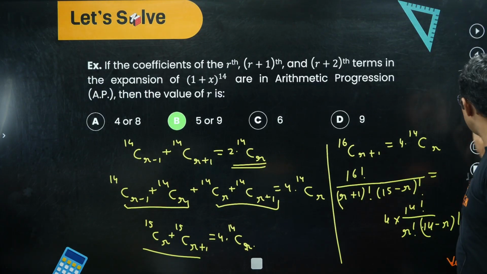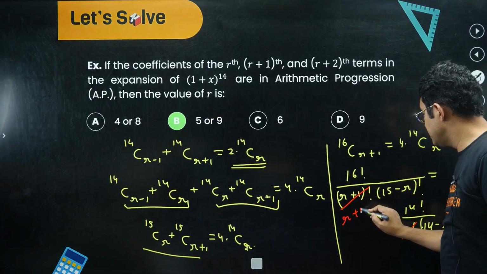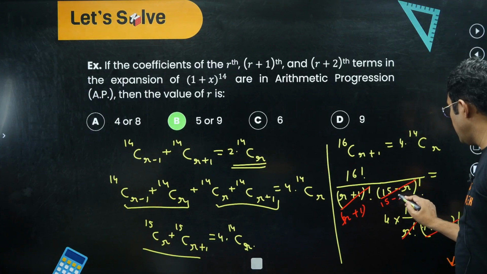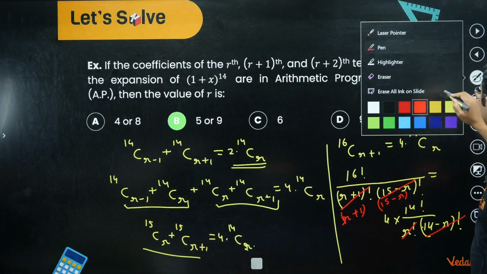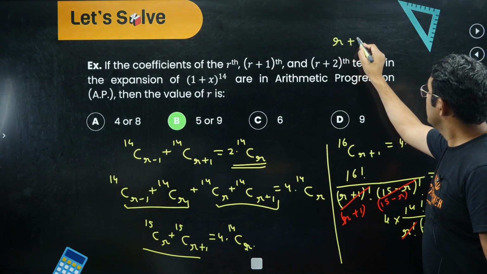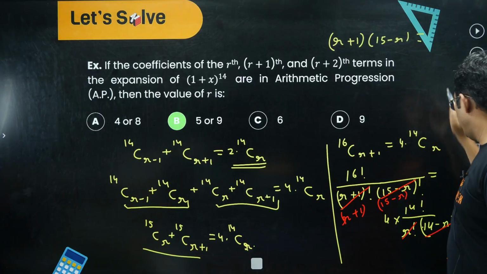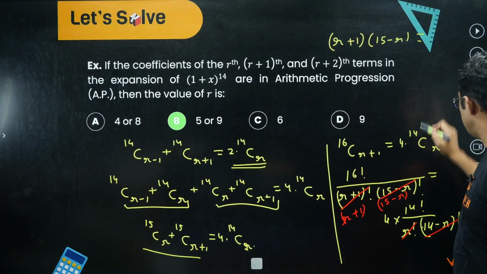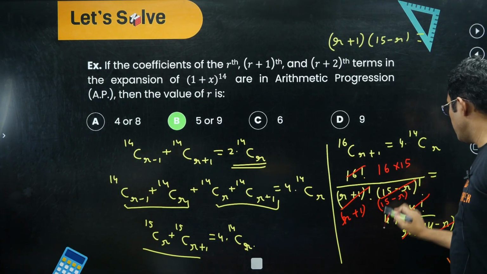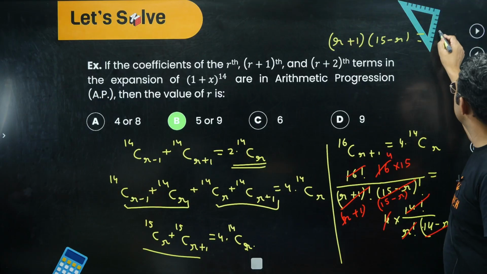So r factorial will cancel, leaving r + 1, and 14 minus r factorial will cancel, leaving 15 minus r. Also we can cancel 16 factorial, 16 into 15, and 4 will cancel 16 four times, so you remain with 60. So (r + 1)(15 - r) is equal to 60.